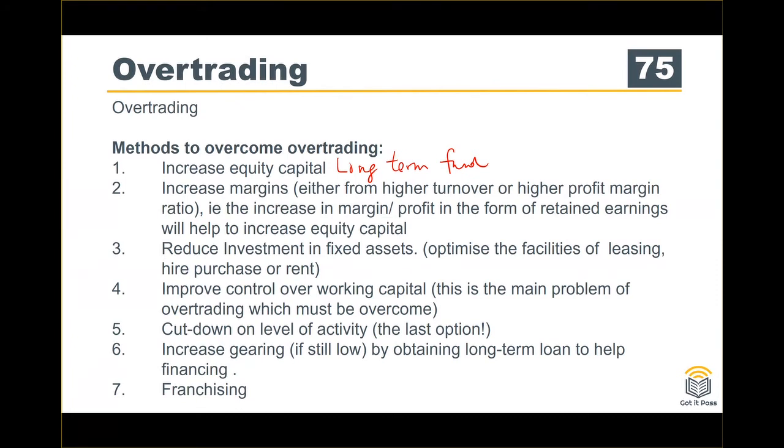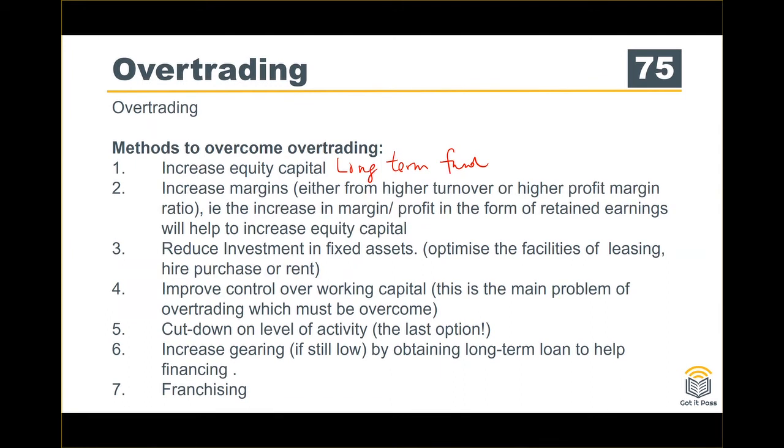Also you reduce the investment in fixed assets. For example, you release some of the fixed assets and in return you go to the lease market. You can release some of the fixed asset capital into your operation.